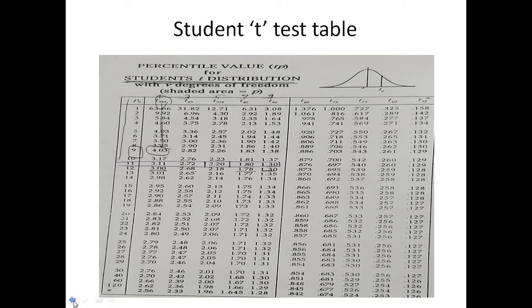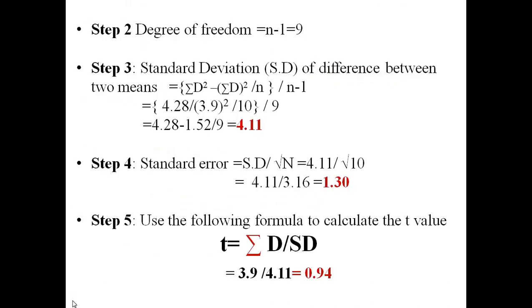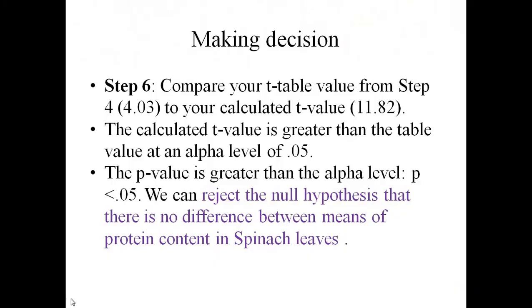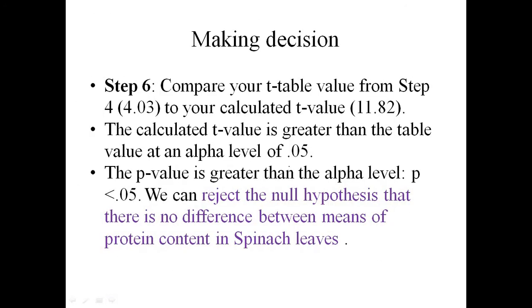Now I am again going back to that slide so that you will get how we can use it. Okay, so we'll get that 4.03 from the table. The next step is making a decision. What we have observed is that your tabular value is 4.03 and the calculated value is 11.82.